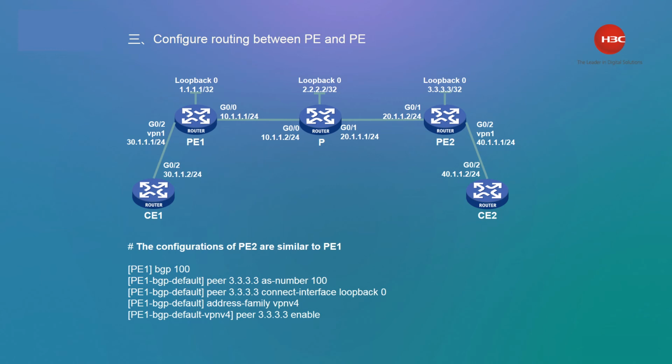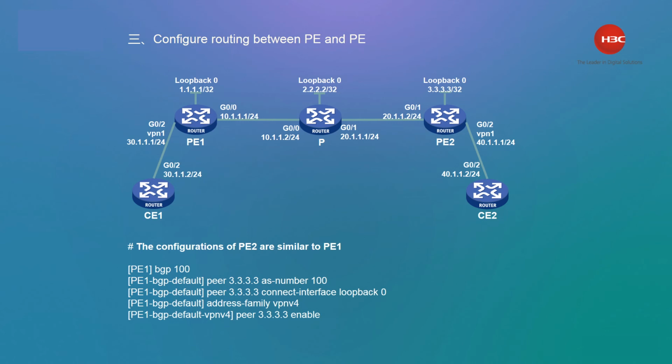After the configuration is completed, an MP-BGP peer relationship is established between the PEs, and the local PE advertises VPNv4 routes, including export target attributes and MPLS labels, to the opposite PE through MP-BGP. The opposite PE matches the export target attributes of the VPNv4 routes with the import target attributes of the local VPN instance.